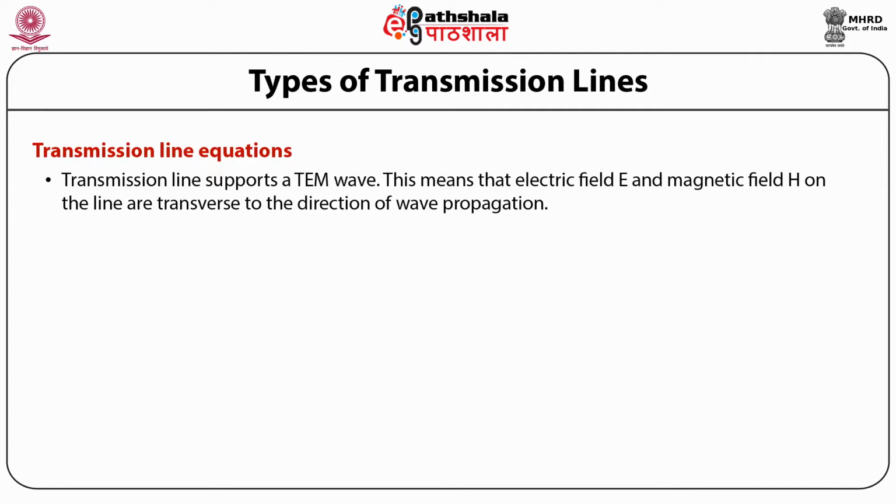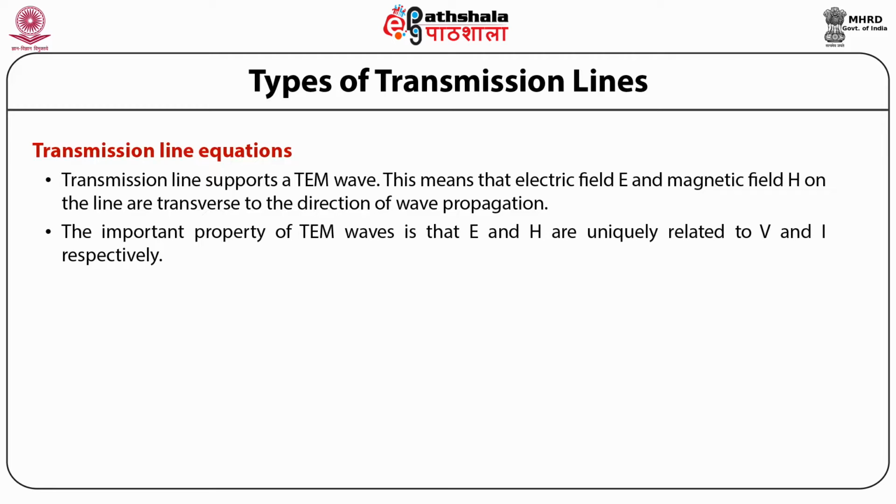Transmission line supports a TEM wave, which means that electric field E and magnetic field H on the line are transverse to the direction of wave propagation. The important property of TEM waves is that E and H are uniquely related to V and I respectively. That is, V is equal to minus integral E vector dot dl vector, and I is the closed integral of H vector dot dl vector.